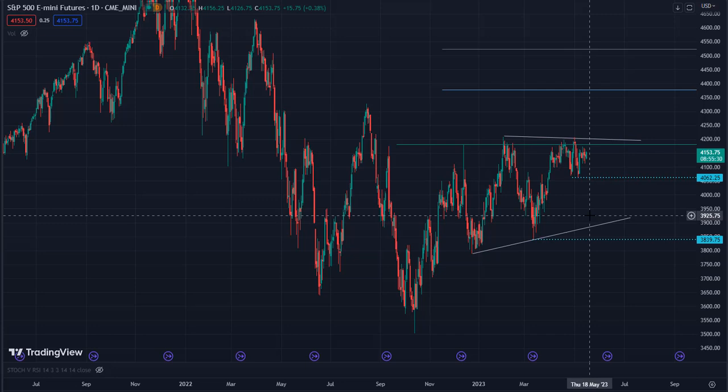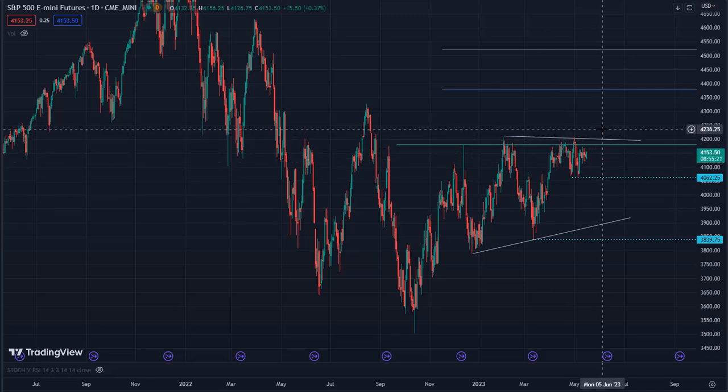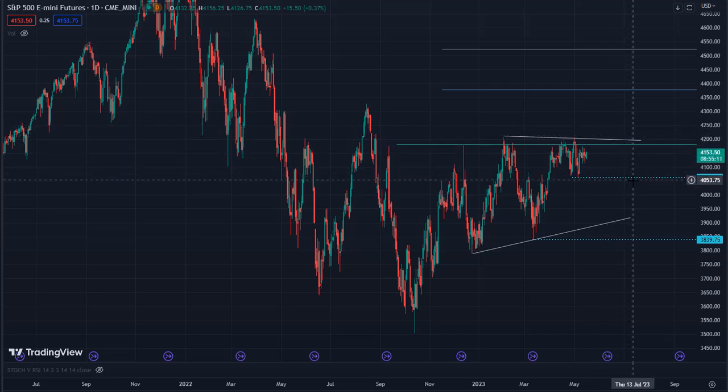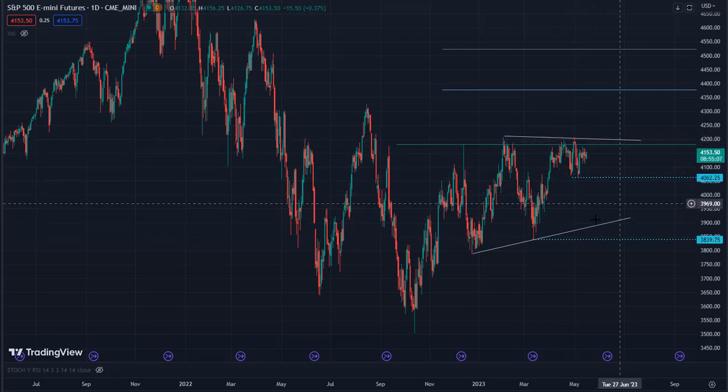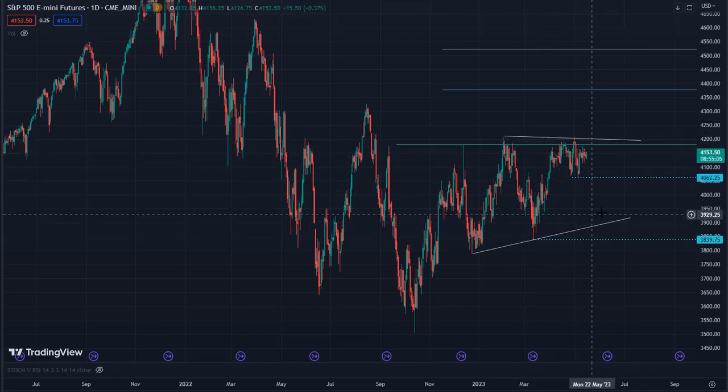There's another scenario on the table where it's uglier, but price can move up from here, come into 4,200, 4,250, and then get some rejection. So it can just go straight up from here into this area, get some rejection, and then come down. That would invalidate this triangle idea that I have on the chart currently.